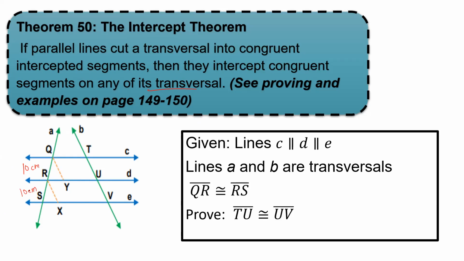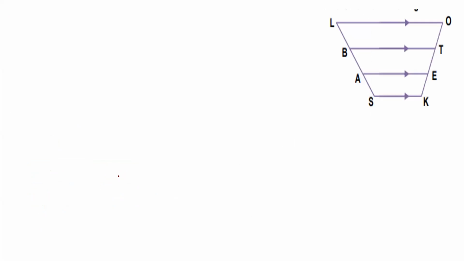And another example, if the measurement of UV is equal to 5 centimeters, the measurement of TU is also equal to 5 centimeters. And if you will find the measurement of TV, just get the sum of this. So 5 plus 5 is equal to 10 centimeters. Okay, so let's have another example.